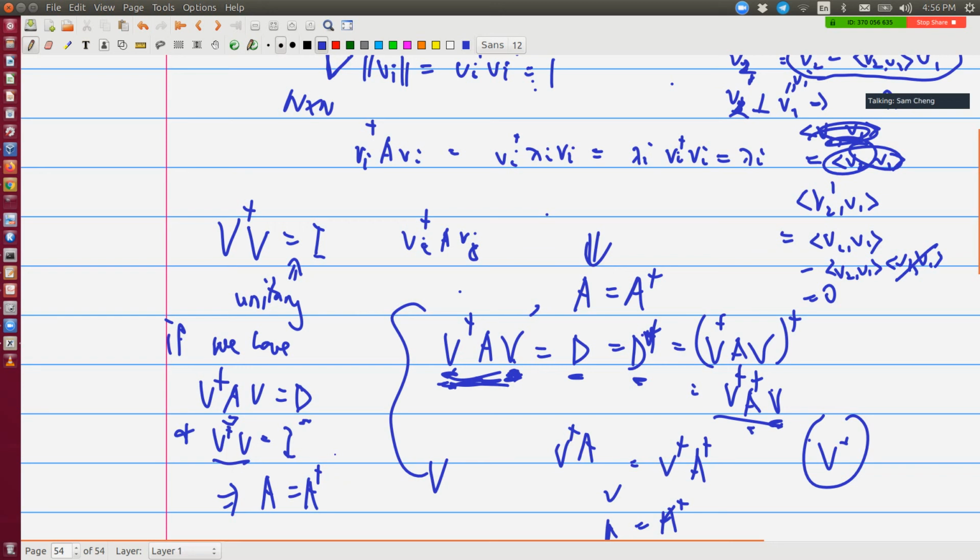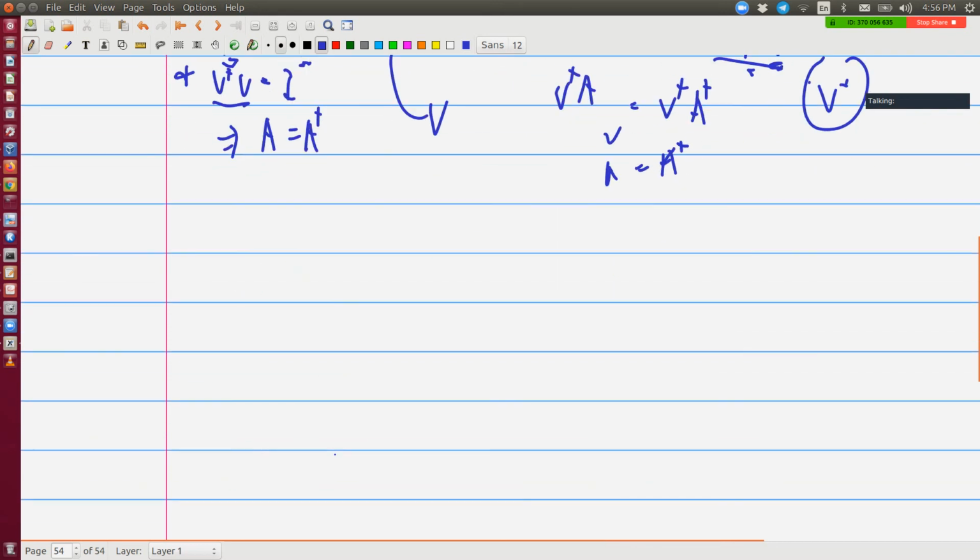the actual covariance matrix. Wait, there's still one more thing. If A is Hermitian, basically Hermitian is an extension of the real symmetric matrix, right?